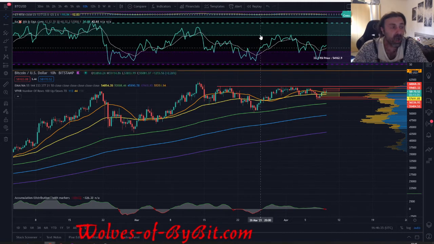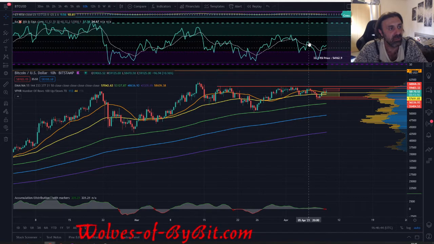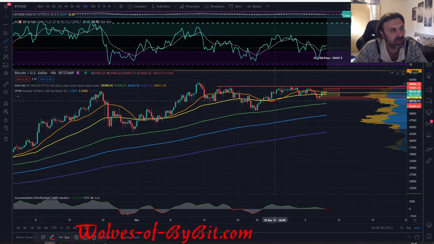On the 10-hour chart, what do we actually see? We see that this bearish divergence over here has actually been playing out. I don't see any bullish divergence just yet, except for maybe this one over here. So this one could maybe be the one that we are going to see getting played out. But then again, when do we confirm this?